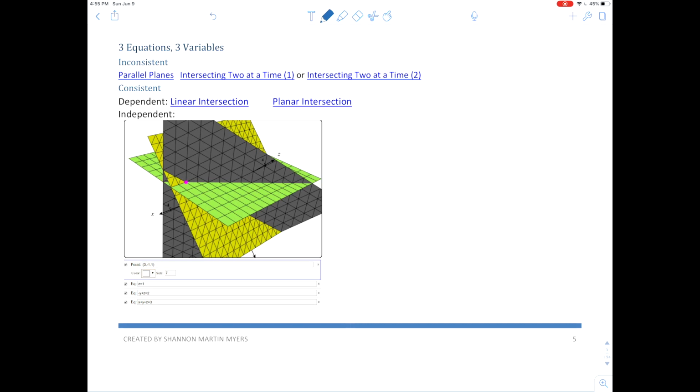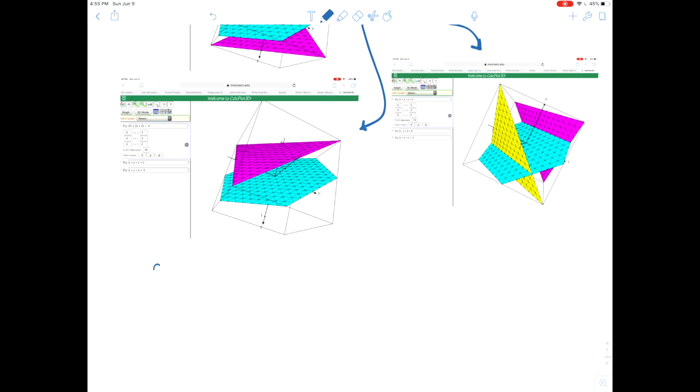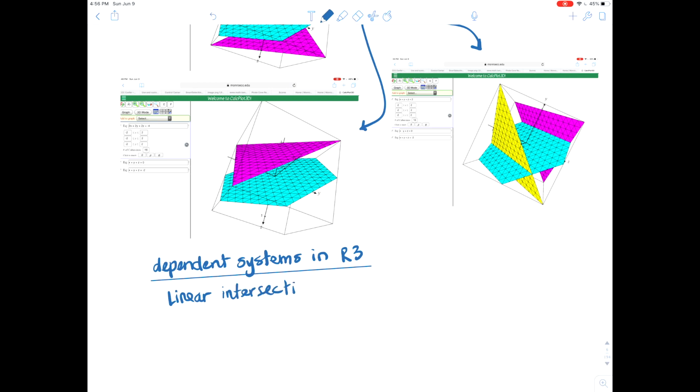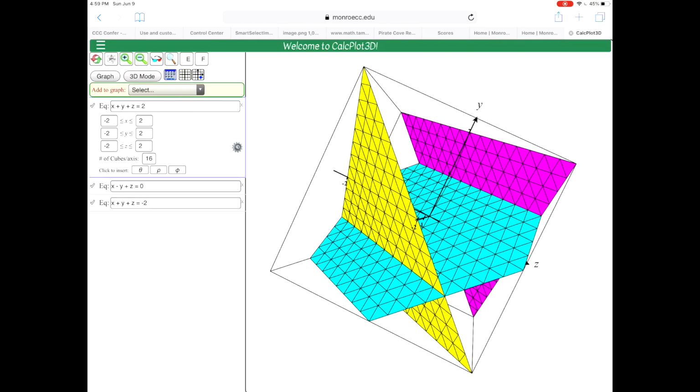Okay, so you can have linear intersection or planar intersection. Let's do the planar intersection now.